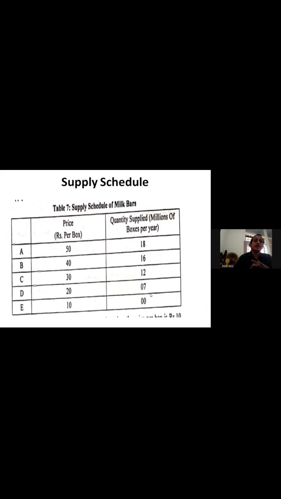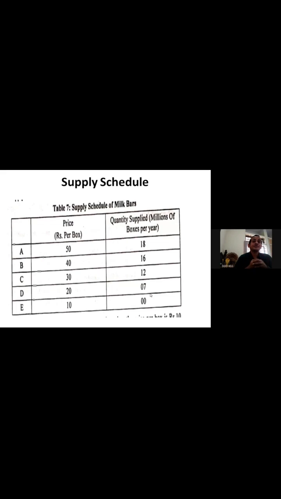Simply keep in mind that producers will supply more quantity of a good or service at a higher price, and supply will be reduced when price comes down.